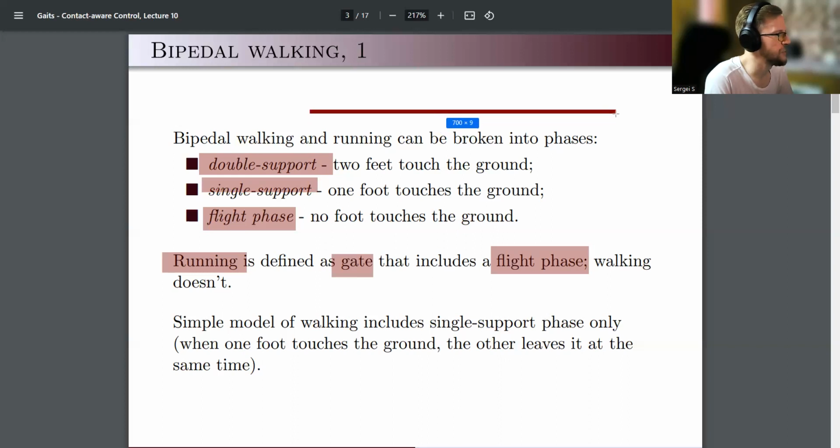But for example, if this is your supporting surface, your foot can touch the ground in many different ways. For example, it can touch the ground like this.